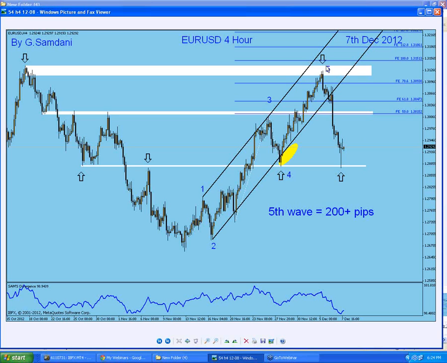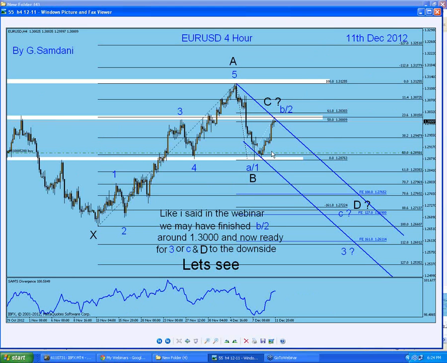This was the end of the third wave, and then this is the fourth wave, you can say, and then the fifth starts again to the upside, the big one. From there, I was expecting a bounce with this pin bar. You can see I'm showing these arrows to the upside, and when the move started to the upside, my buy order was right there, and it started going up.